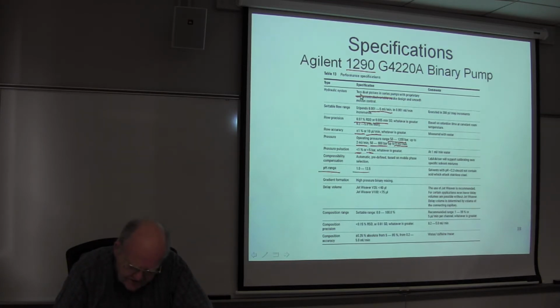pH range of the instrument, 1 to 12.5, but it really depends upon what is setting the low pH. It's a really bad idea to use any acid that specifically attacks stainless steel. Hydrochloric acid is an absolute no-no.